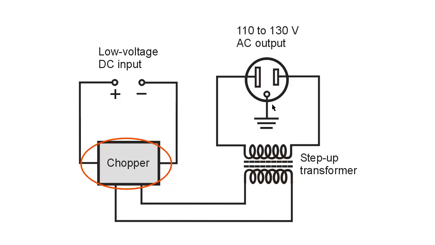But if you try to run a computer off of one of those crude types of power inverters, you're going to have a whole lot of trouble. The computer isn't going to like it. It's going to crash all the time, and I know that because I've actually experienced that problem.